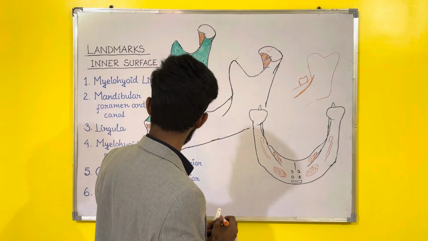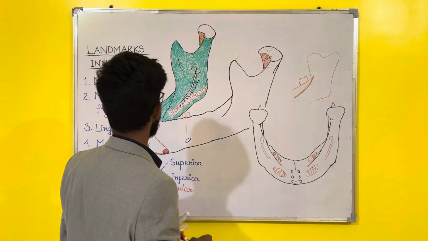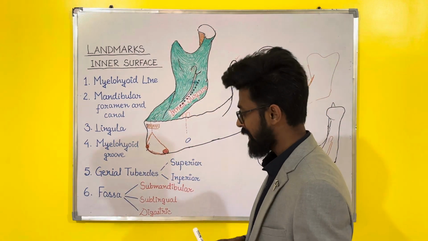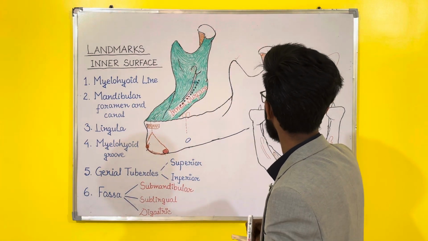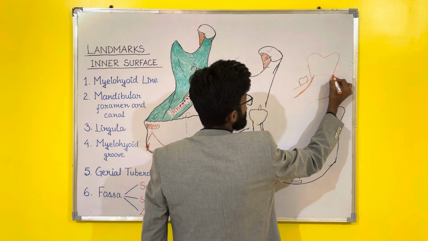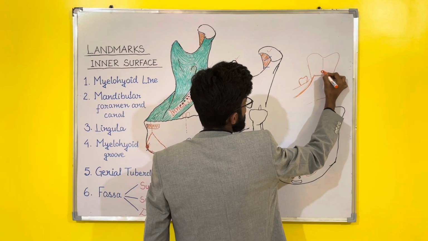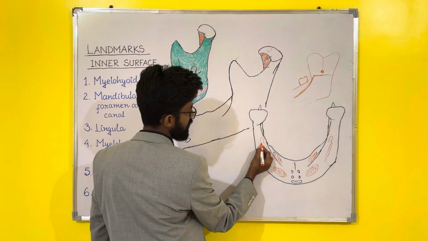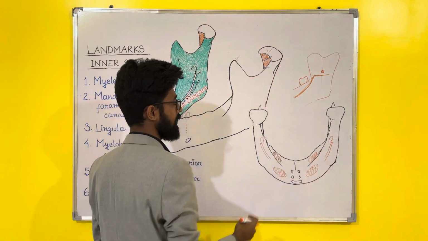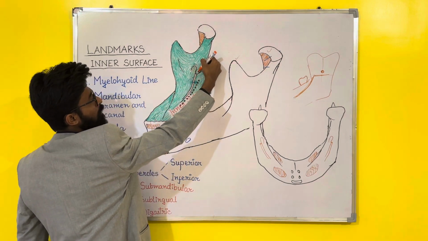Next is the mandibular foramen and canal. The mandibular foramen is present just a little above the center of the ramus. This is from the inner aspect of the mandible, or you can see here also, this is the mandibular foramen.